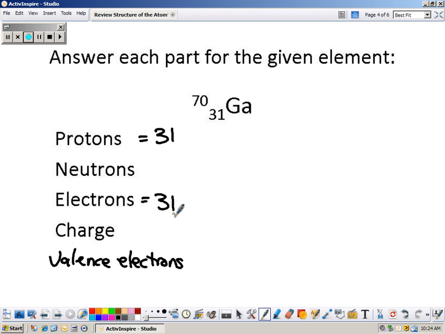When you subtract, you get 39. And charge? 0. So it's like positive 31 and negative 31. They add up to 0. And valence electrons? 3. It's in column 3. 3 valence electrons.